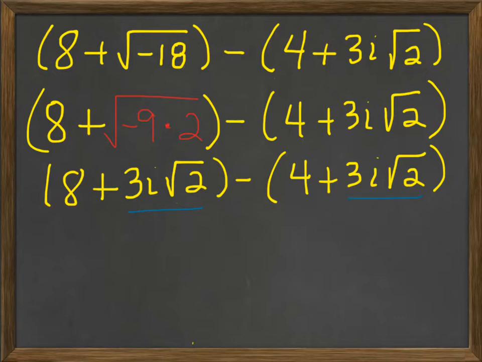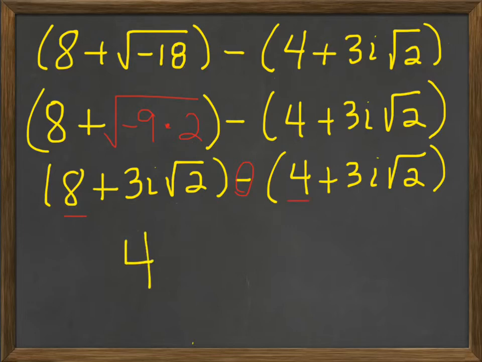So we're going to combine our real parts together and get 8 minus 4, which is going to give us a 4.